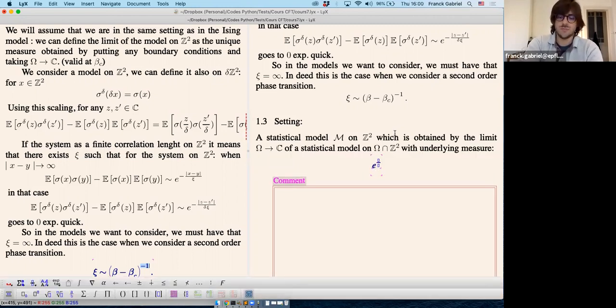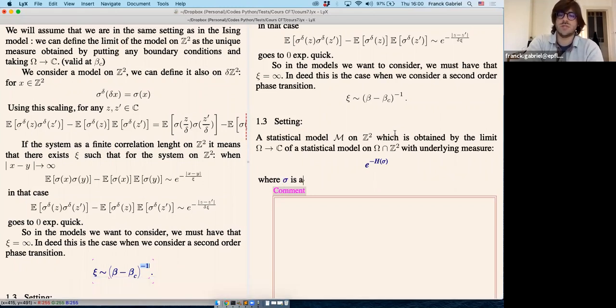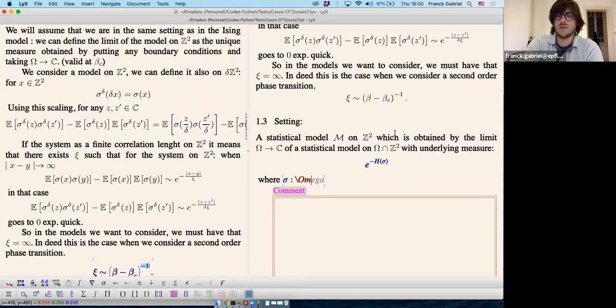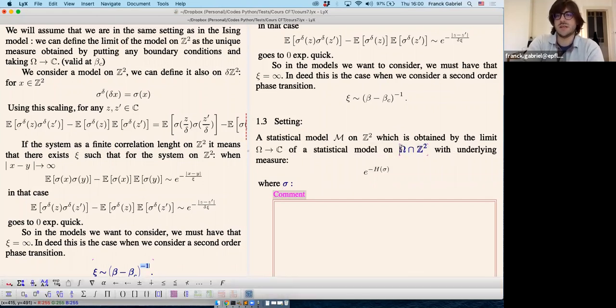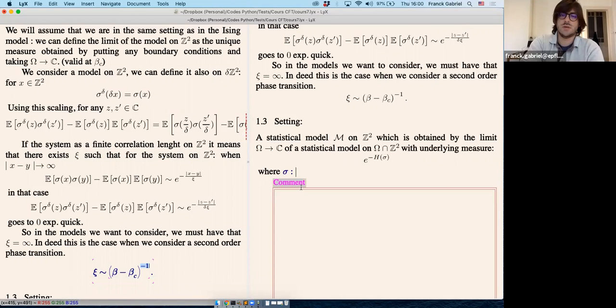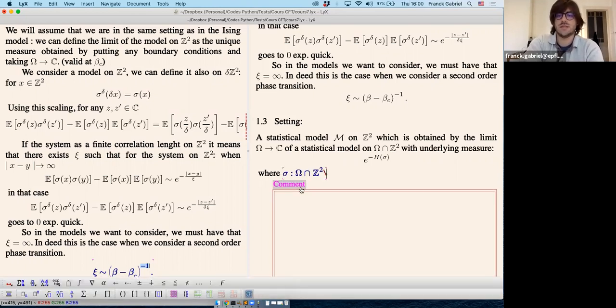So of course it's proportional to, I'm not going to tell you each time, sigma, where sigma here is something defined on this grid, and which takes finite values.